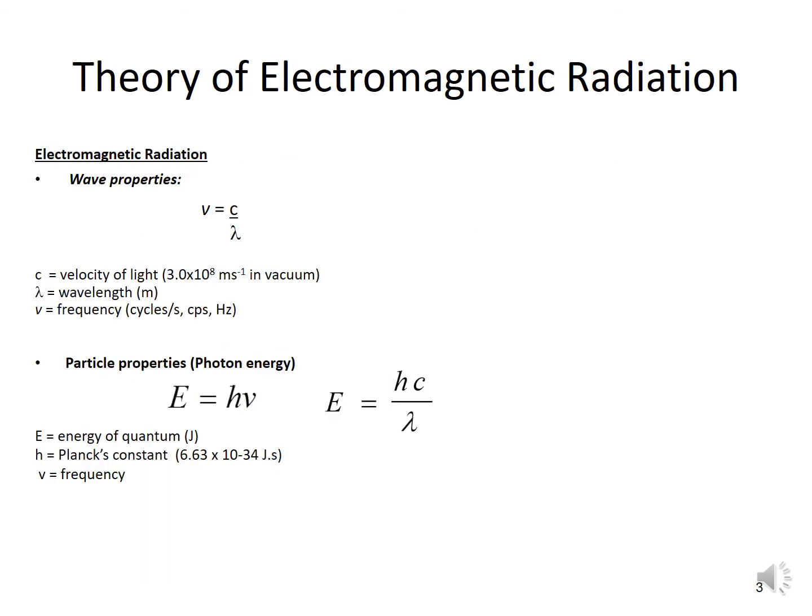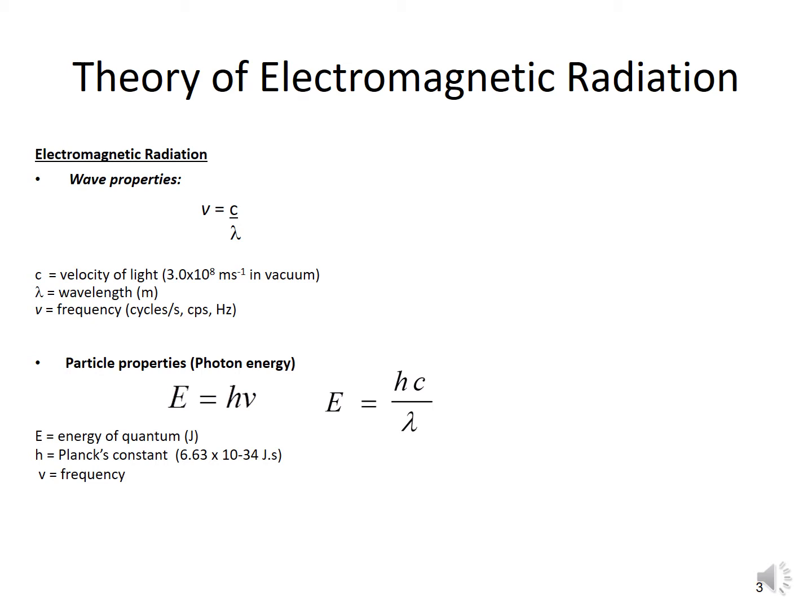And when we want to talk about the energy, we are referring to the wave properties. Here you can see that the frequency of the wave equals the velocity of light divided by wavelength.